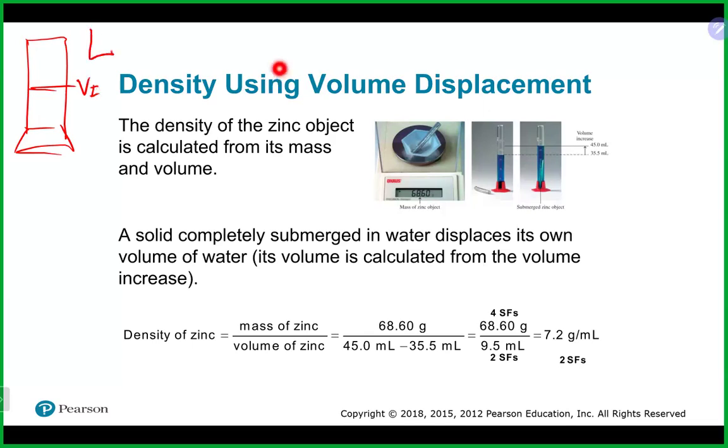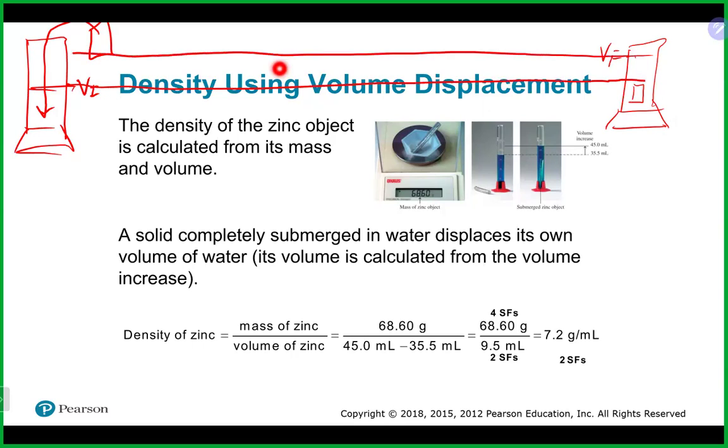And if you take a solid object, like a piece of metal, and you drop it into the graduated cylinder, what's going to happen to the water level in there? Will it go down, up, stay the same? It should go up, right? And with the little metal piece in there, you'll have a final volume reading on the graduated cylinder. So if you take the difference between the initial, that's a long drawing, and the final markings there, that volume difference is the volume of the object.